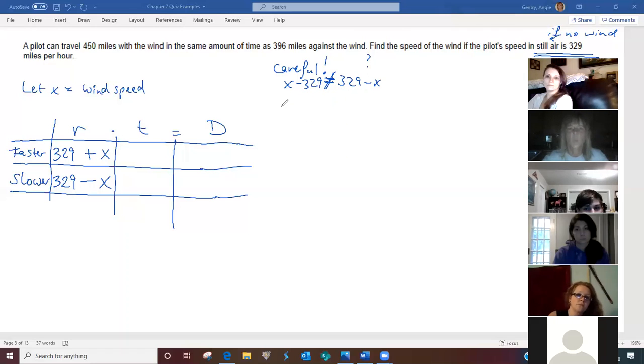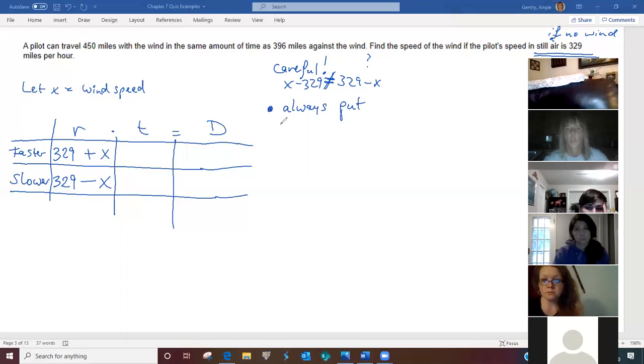What you need to do is, you might want to put a note down for this. This will really help you. Always put the current, or the wind speed, last.